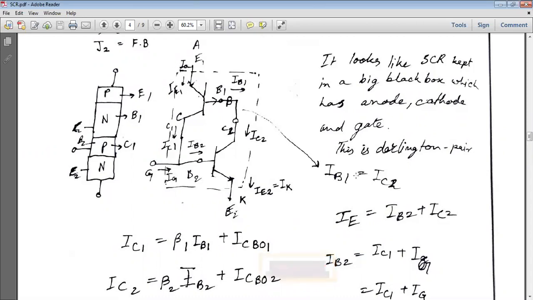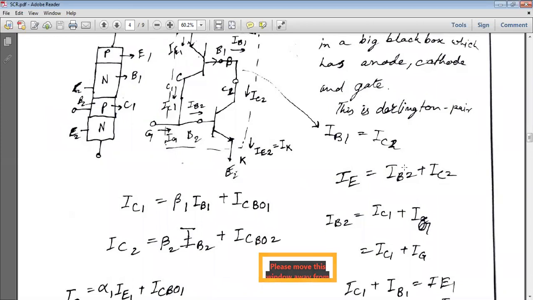This is called Darlington pair that we have already discussed. So what is happening here? This is the PNP junction transistor, this is the NPN transistor, and they are connected in this way. It looks like an SCR kept in a big box which has anode, cathode and gate.